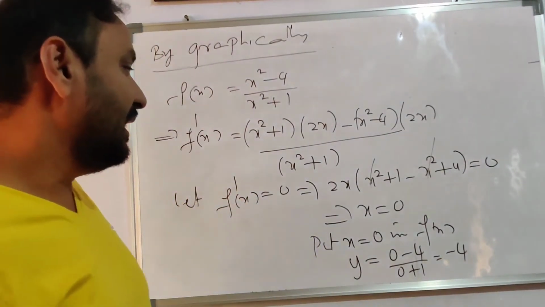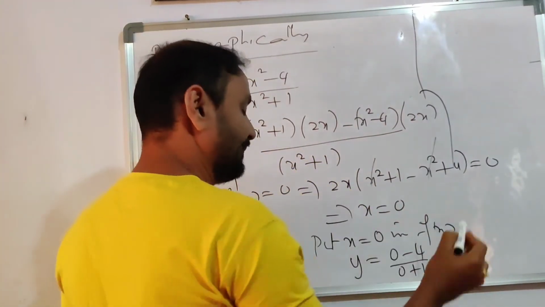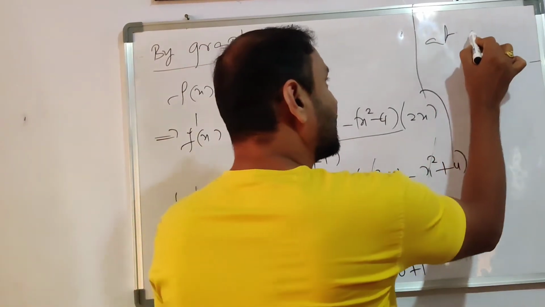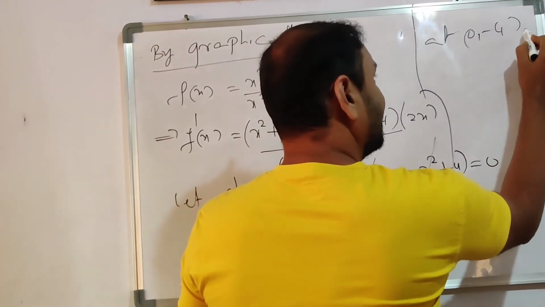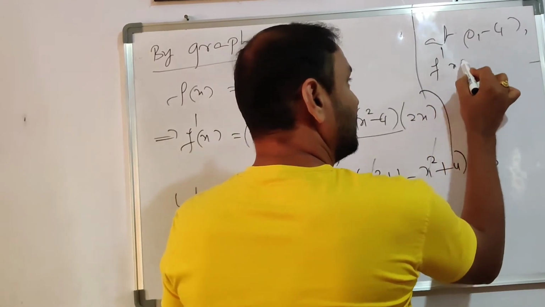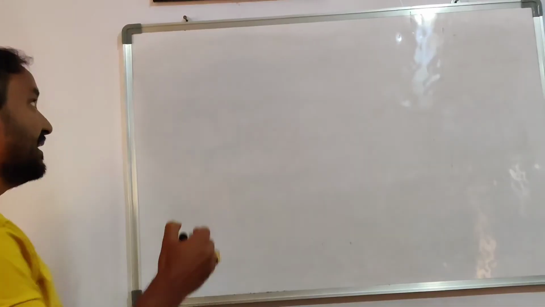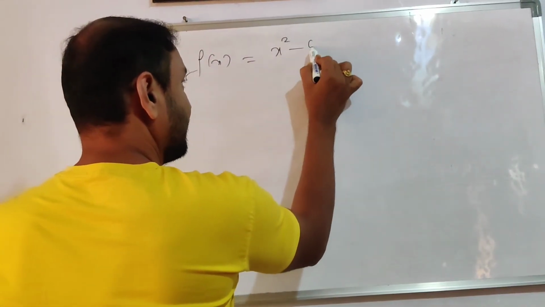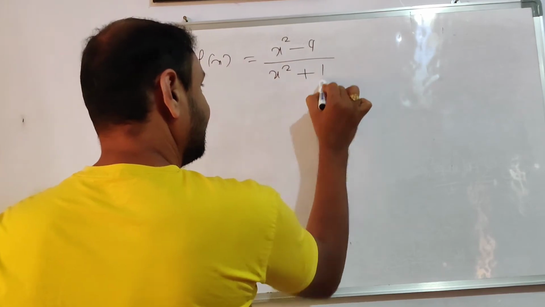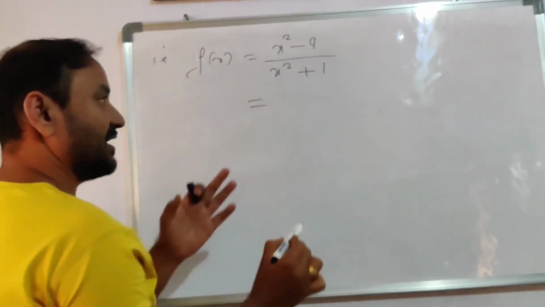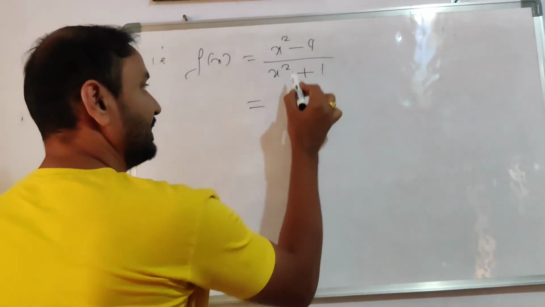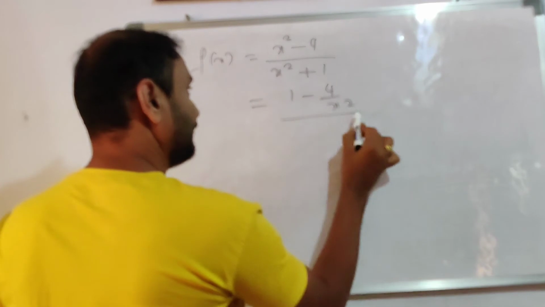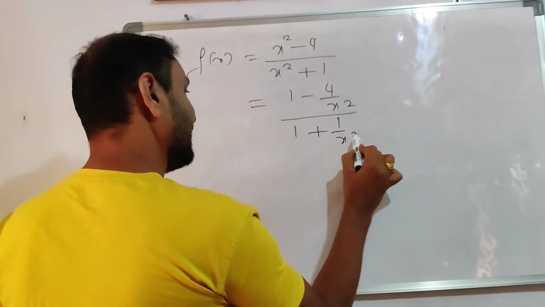So we have the point (0, −4), where f'(x) = 0. Now f(x) = (x² − 4)/(x² + 1). Observe this: take x² common in the numerator and denominator. So here we get 1 plus 1 by x².